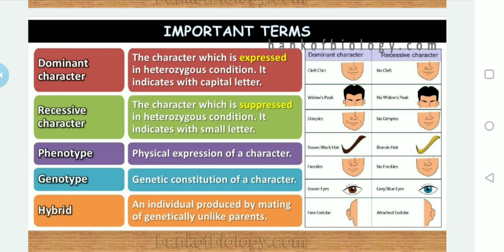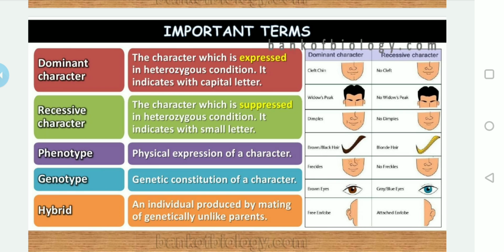It is a progeny, or we can also say offspring, obtained by crossing between two different parents. Or we can also say an individual produced by mating of genetically unlike or different parents.